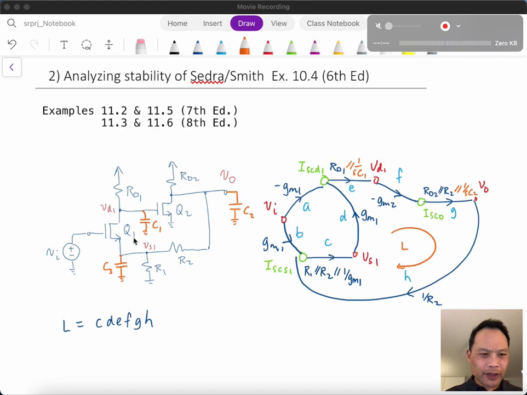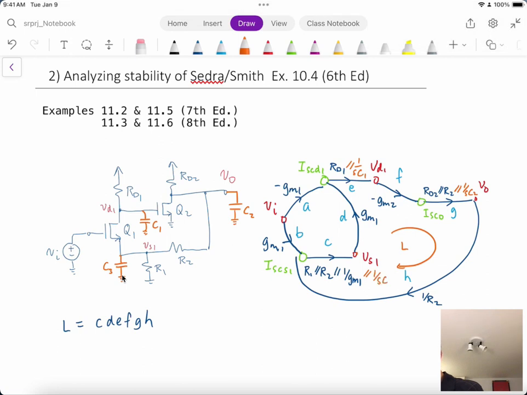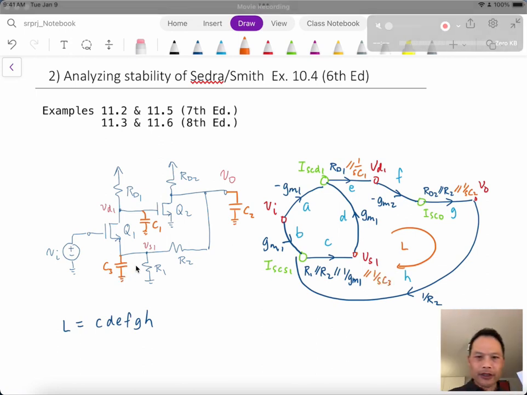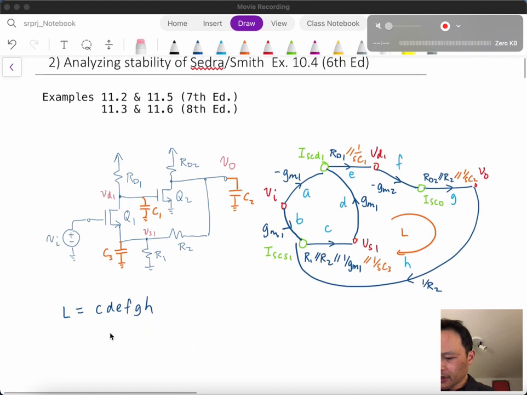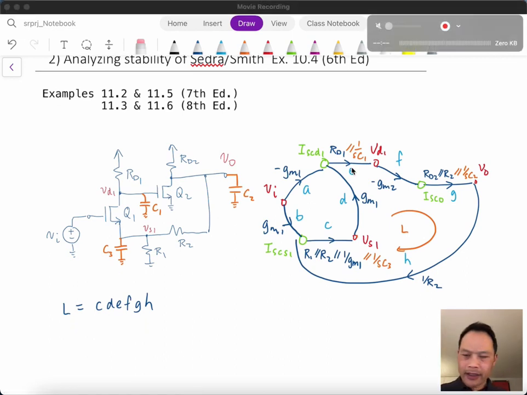This 1 over gm came about from the gm1 of Q1. And so now we're going to add 1 over SC3. It's simple enough to account for the capacitances, and you can see that our loop gain will now become a function of S.